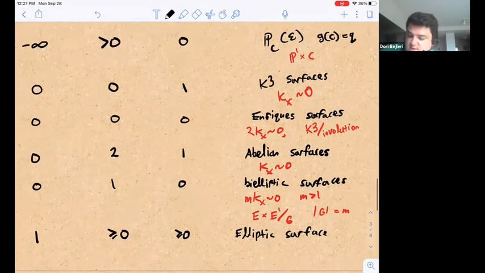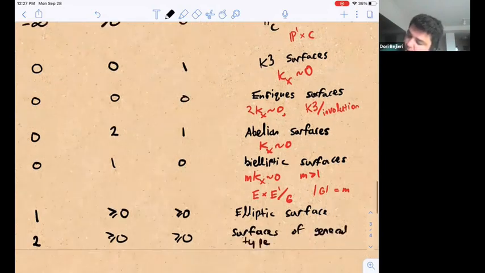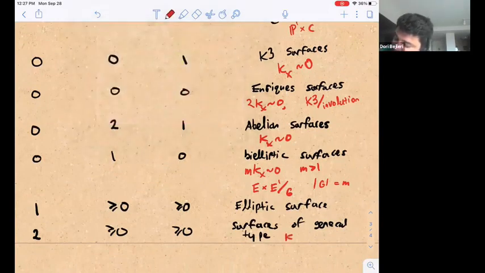And then finally, in the last case, codimension 2, by definition, we get surfaces of general type. And on our minimal model, we have the property that KX is big.